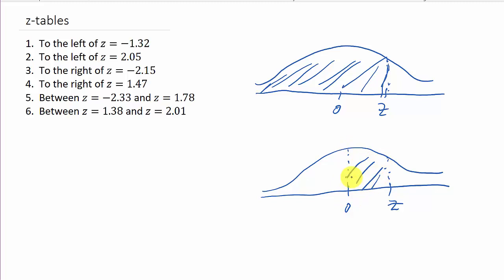Okay, so I'm going to work these 6 problems here. The first time I work them I'm going to use the z-table that gives you the area to the left of the curve, and then the next time I go through and work them I'm going to use the table that gives you the area from the z-value back to the mean.